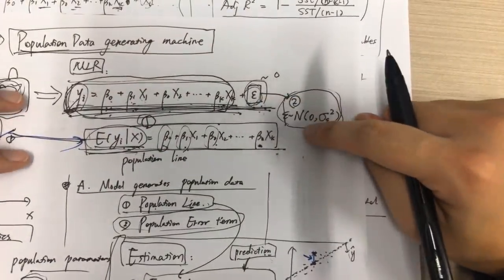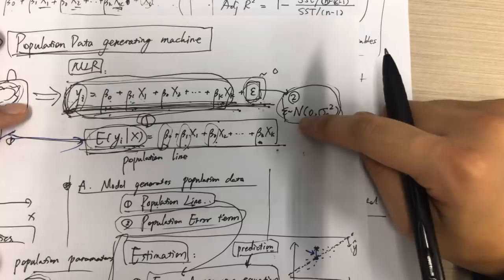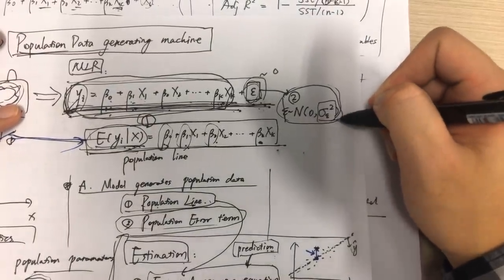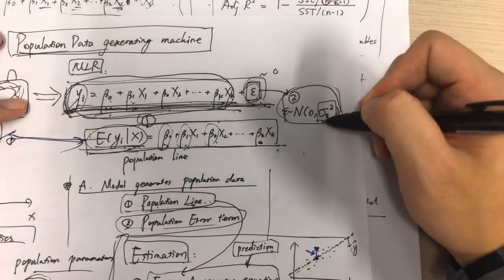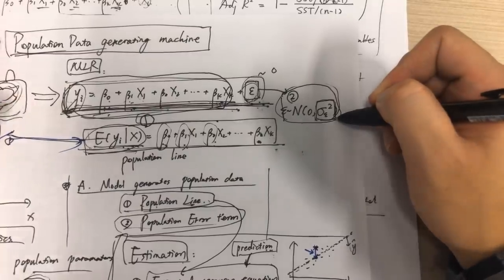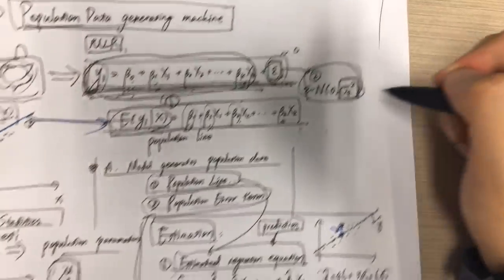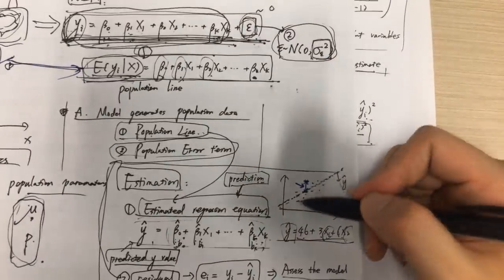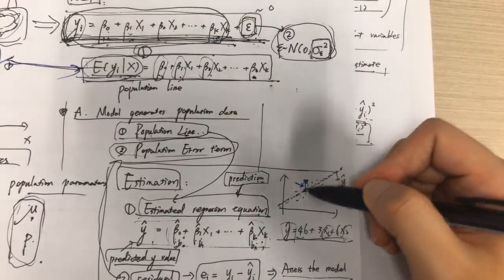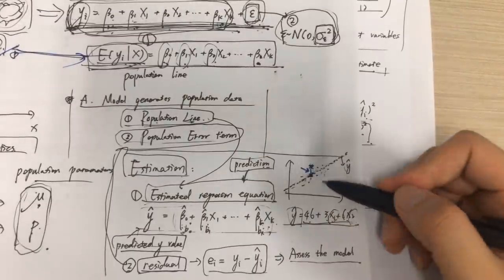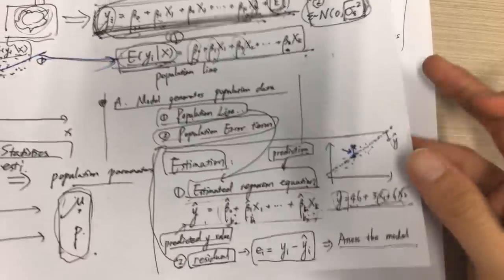The error term is this, right? And the error term is assumed to follow a normal distribution with mean 0 and some variance here. Therefore, it is just asking you what is the estimation of this population variance, all right? Therefore, this variance can be estimated by our sample residual variance, right? Because this is the population error variance and this is the sample residual variance, okay?